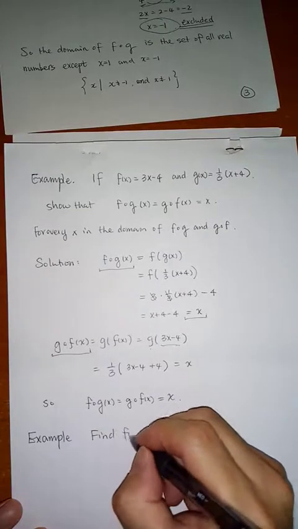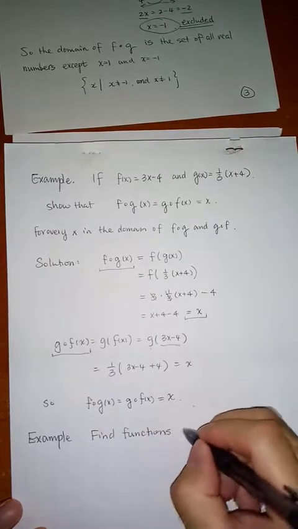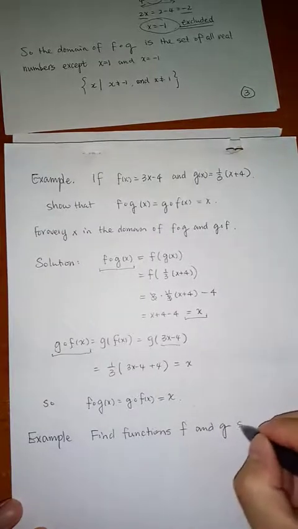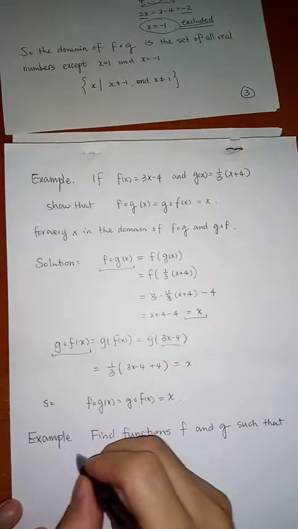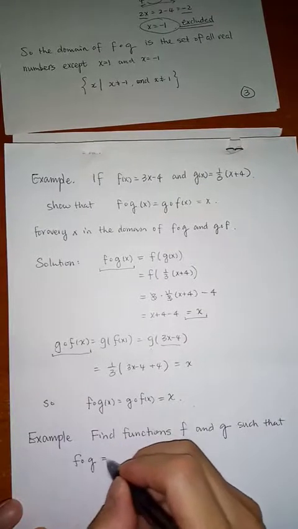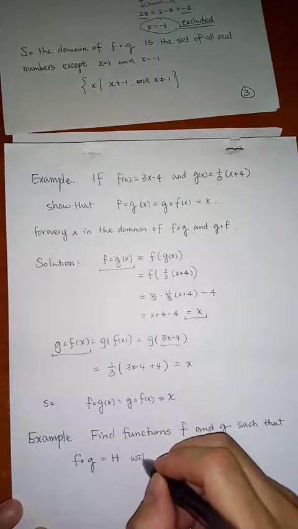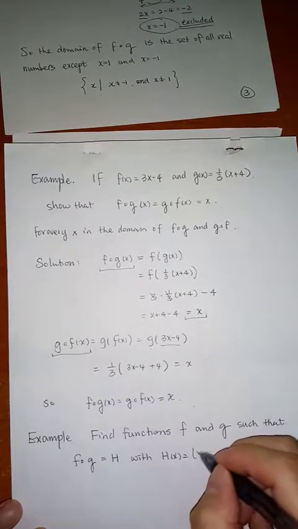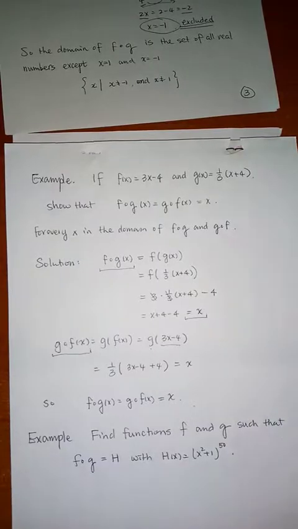Find functions f and g such that f composed with g is equal to h, with h of x equal to (x squared plus 1) to the 50th power.